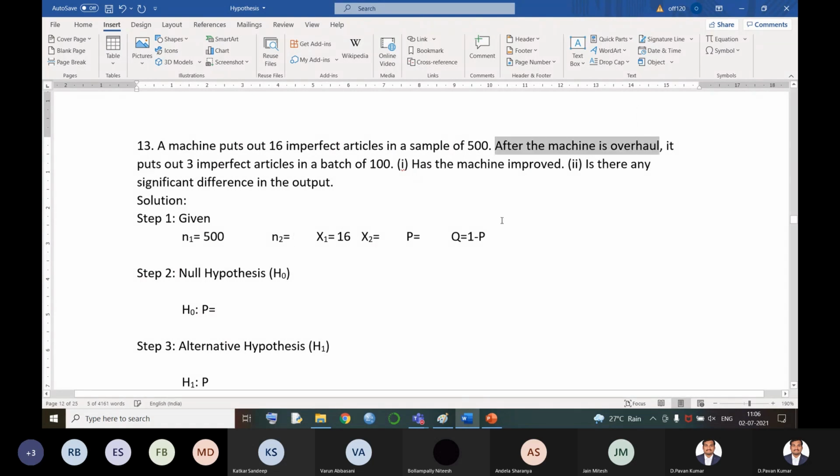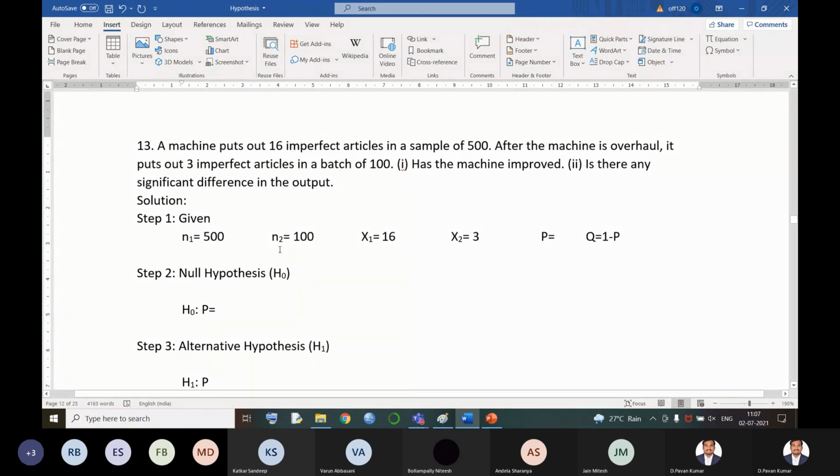After the machine is overhauled, which means the machine was repaired or stopped for some time, they cross-checked again how many imperfect articles it was putting out. They found only 3 imperfect articles in a batch of 100. That means they tested 100 samples, out of which they saw 3 imperfect articles.